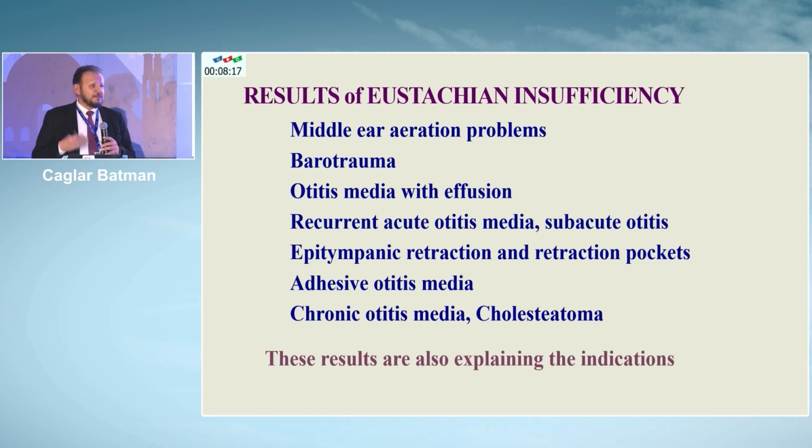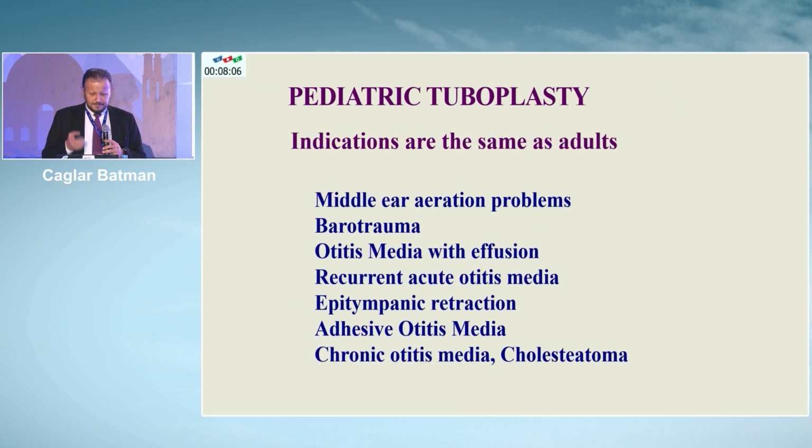So, Eustachian tube is of great importance in maintaining the aeration of the middle ear and many ear problems, as you know. So indications are the same as in adults.